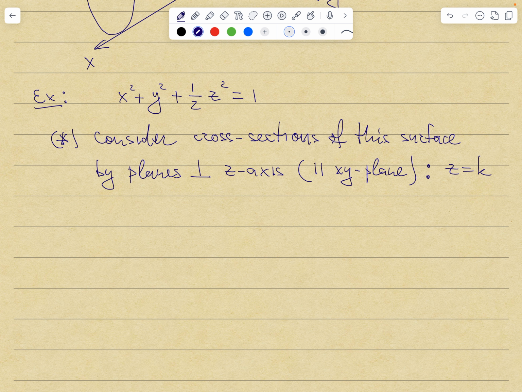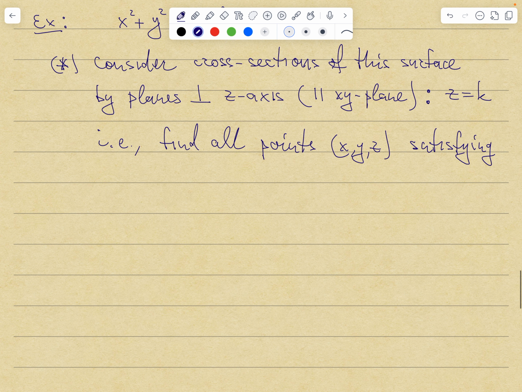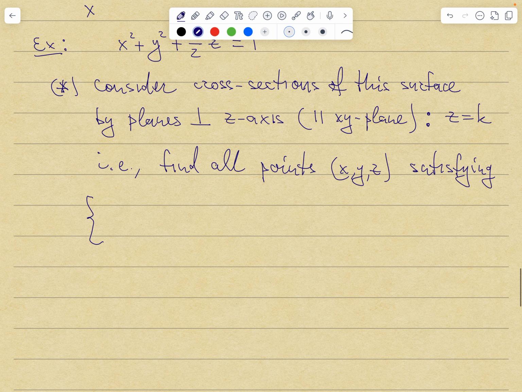So I want to find all points x, y, z, satisfying both equations at the same time, and therefore satisfying this system of equations, x squared plus y squared plus 1/2 z squared equal to 1 and z equal to k.